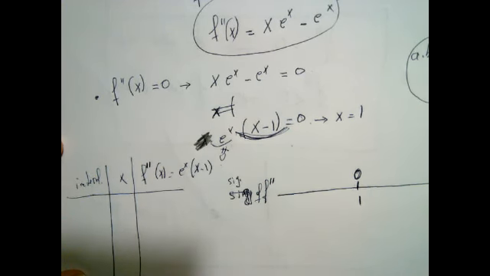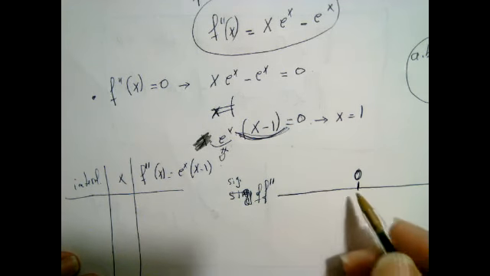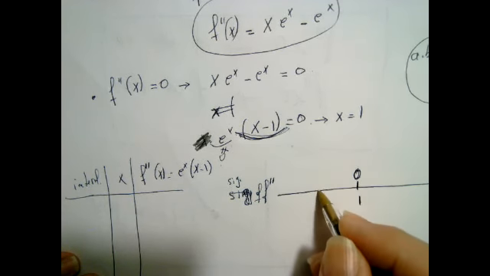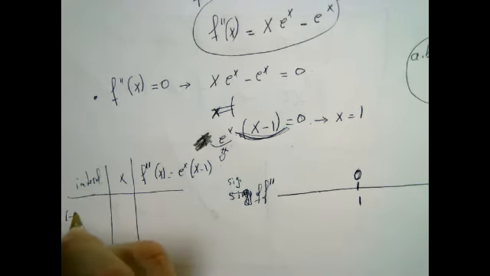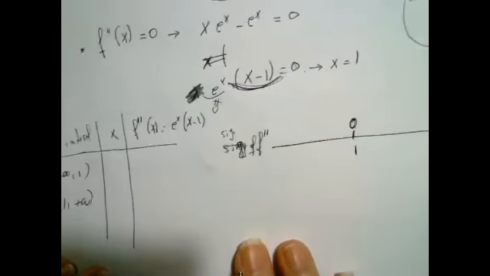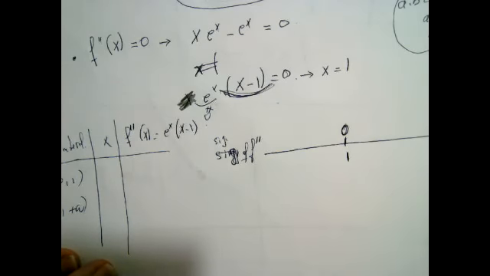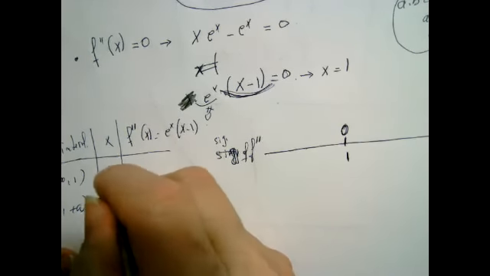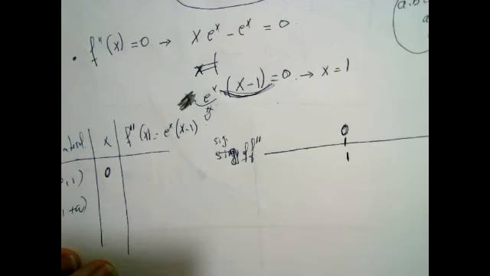It's the second derivative, so don't confuse which one you're studying the sign of. So this is 1 here. I need a point, so I need 1: from minus infinity to 1, and from 1 to plus infinity. From minus infinity to 1, I can pick, for example, 0. From 1 to plus infinity, I can pick 2.